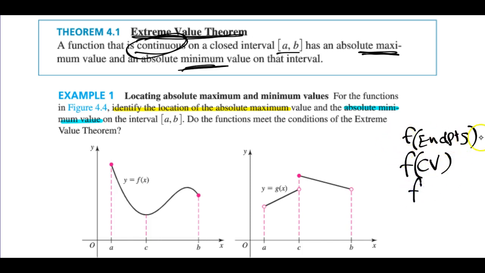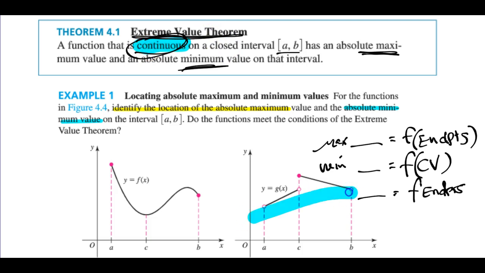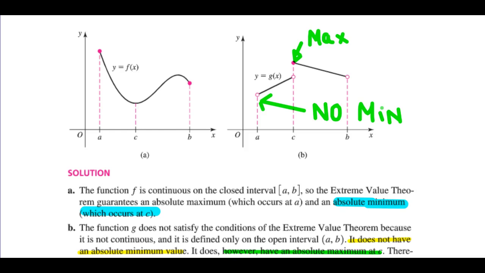And then you just run your test. You go find out what those y values are for your endpoints and your critical values, and then you literally just look at the highest y value and the lowest y value for max and min. But remember, this only works for continuous functions, and if it's not continuous, then I can't apply the extreme value theorem.